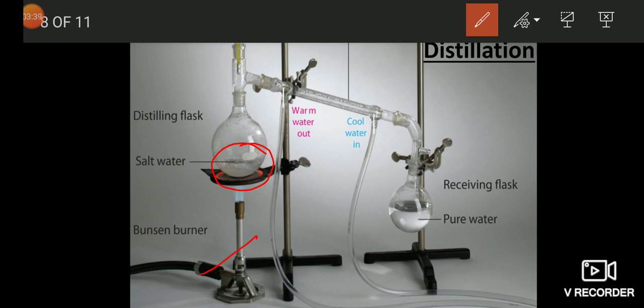By heating the salt water, the water evaporates and passes through the tube. This tube is inserted in another tube where cold water is passed continuously.